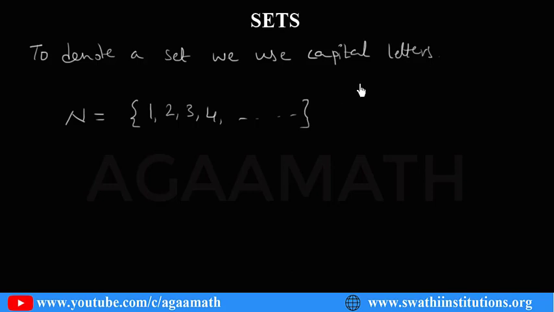Whatever letter you use from A to Z, nothing wrong, but we have to use only the capital letters to denote a set. And also remember that we have to use curly brackets, or called braces. So to denote a set, we use capital letters, A to Z, any letter can be used, and also we use the curly brackets or called braces, right?